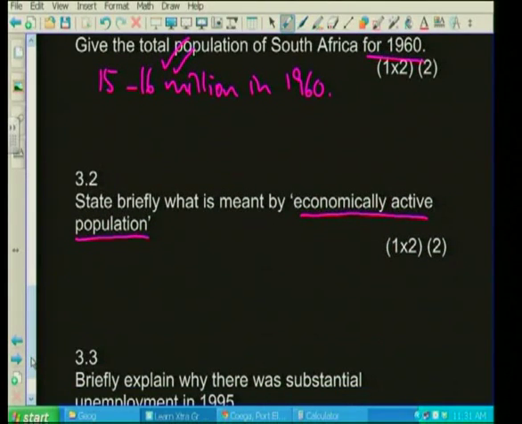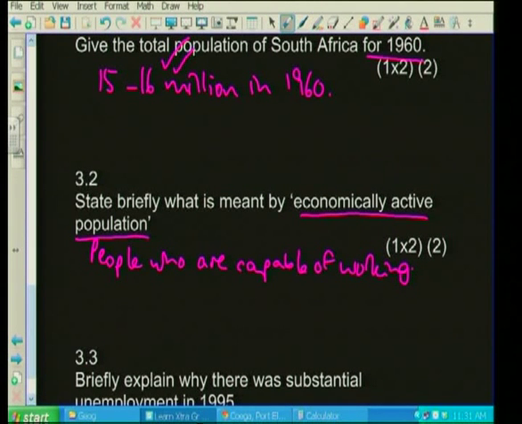So for 2 marks over there, we are talking about people in the population who are capable of working. One point. But now to get the double marks, you must give some sort of rationalization or further justification of what you're saying.